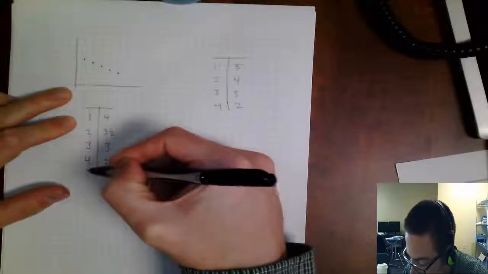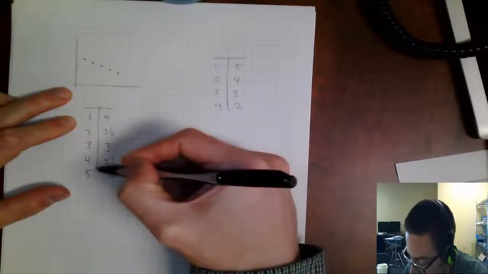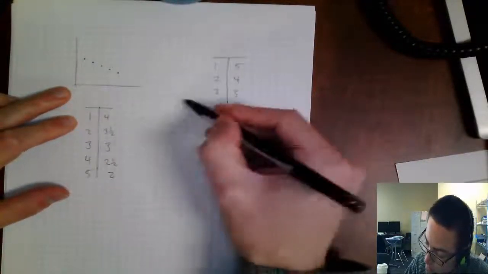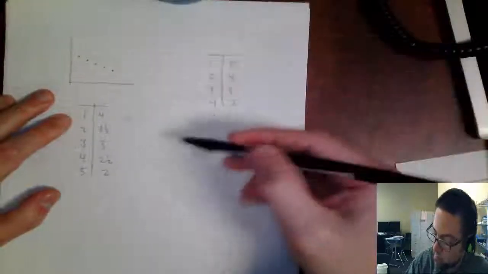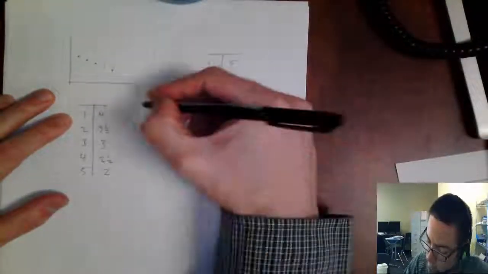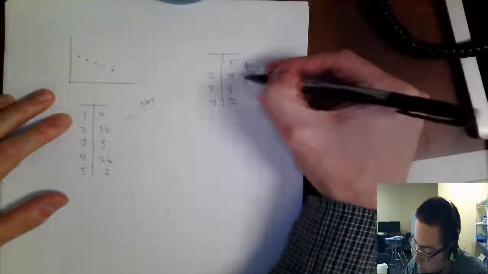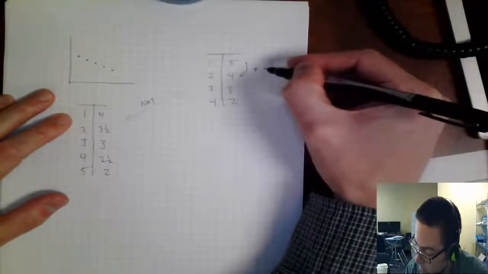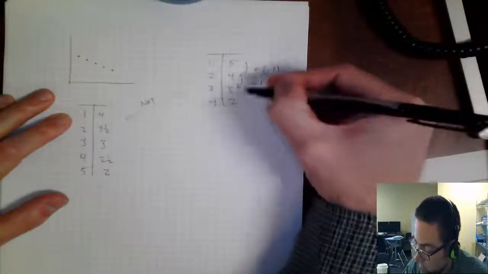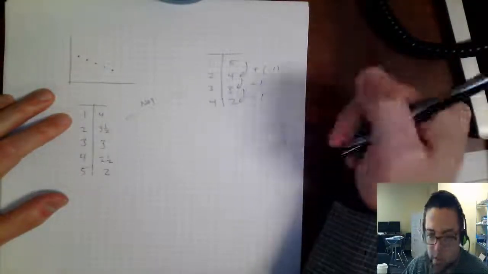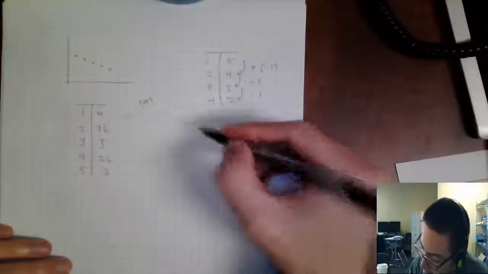And at 5, it is 2. So I could tell you right now that these two are not the same, right? This is a linear function, but it's not this linear function. So not the same. These are both linear though, because I can tell this one's going down by a negative 1, right? Or it's going down 1, down 1, down 1. So it's a constant rate of change. So I know that's a line.